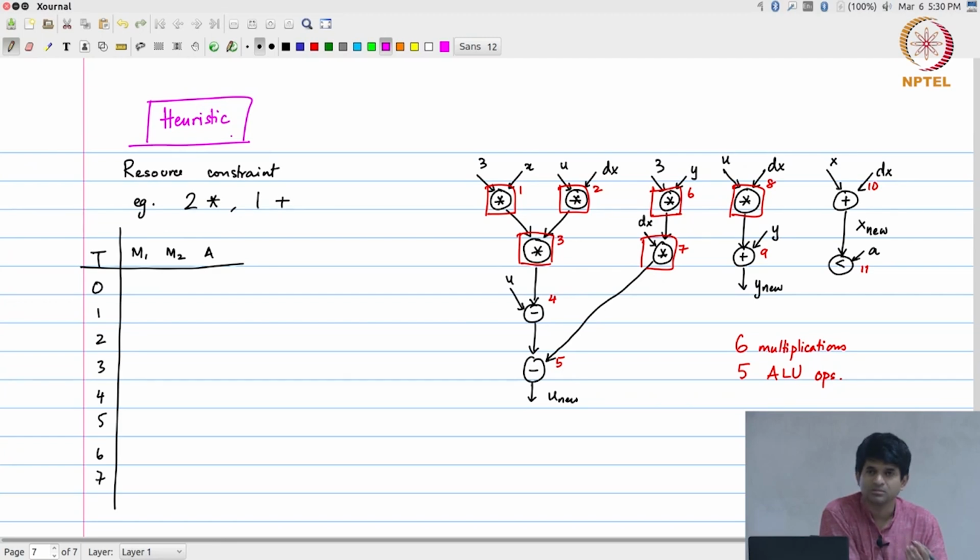A heuristic is essentially an algorithm in the sense that it is a systematic procedure to solve a particular problem. The difference between this and our normal understanding of algorithms is that when we talk about algorithms, usually we are concerned with an algorithm that optimally solves a problem, that gives you the correct solution, right.